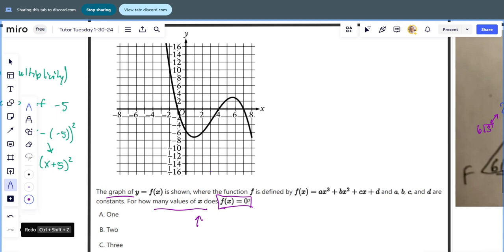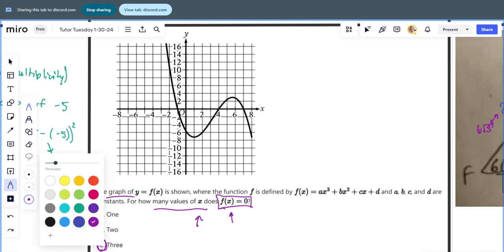Are you guys ready for the answer? It's going to be 3. Yeah, it is 3 solutions. Because what it's asking here is when does the function equal 0?